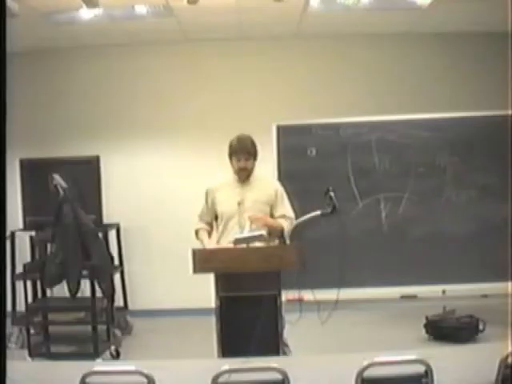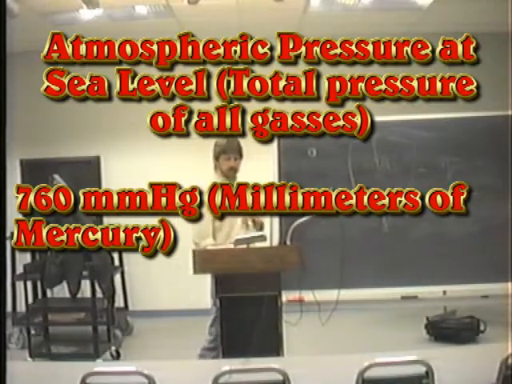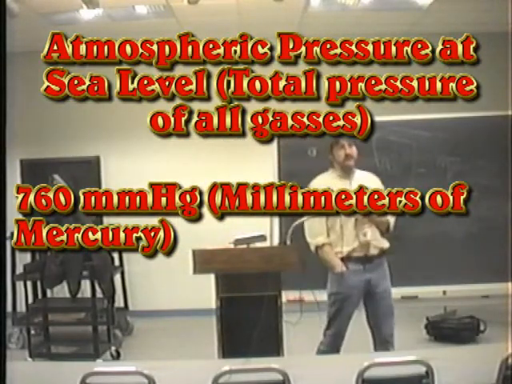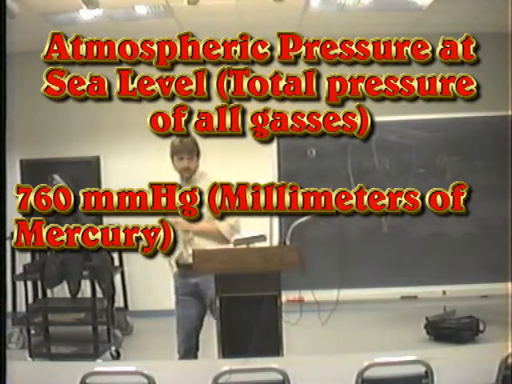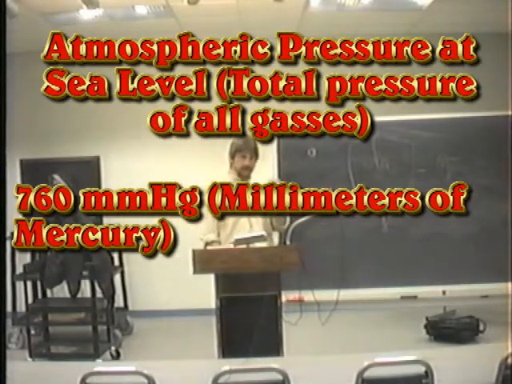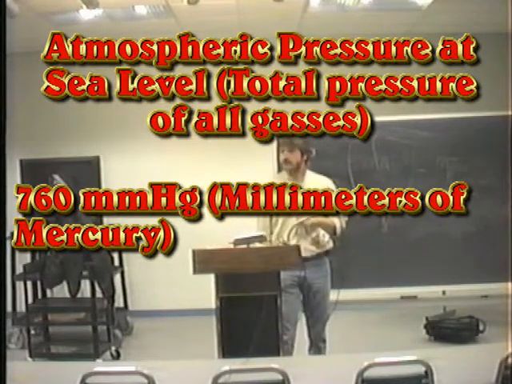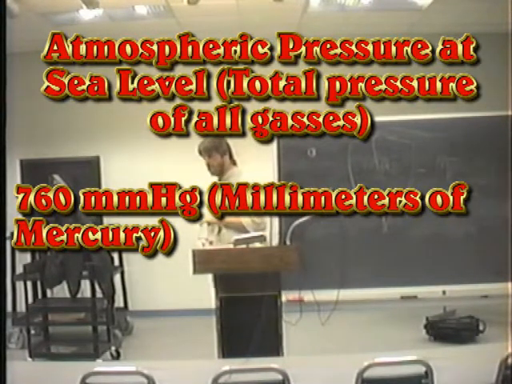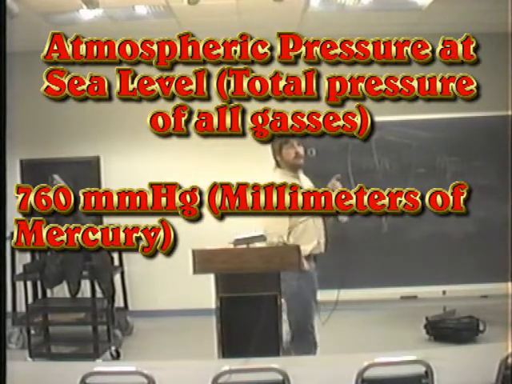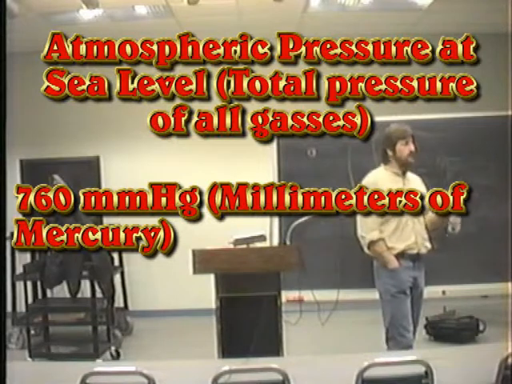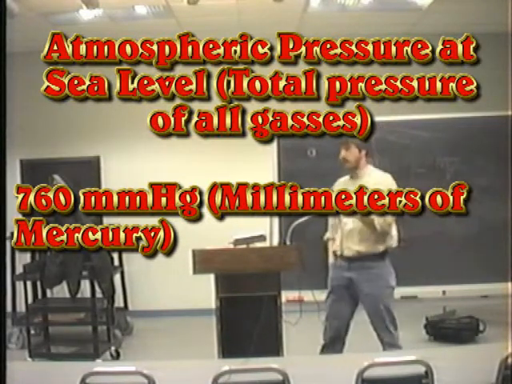This is where partial pressures comes in. Atmospheric pressure at sea level has a total pressure of 760 millimeters of mercury, which is expressed as mm Hg. Atmospheric pressure is the total of all of those gases: nitrogen, oxygen, and those trace gases.